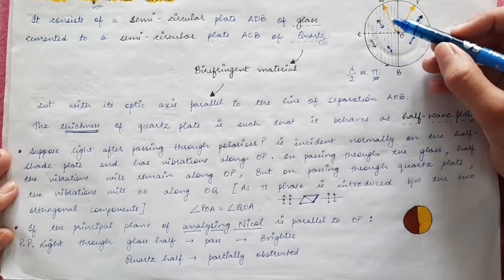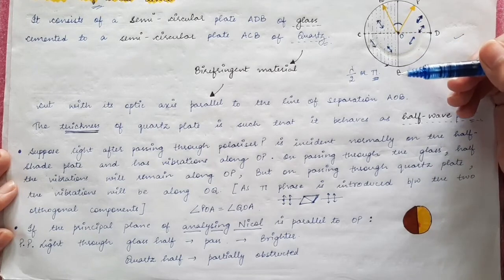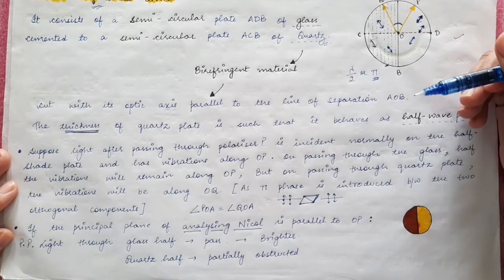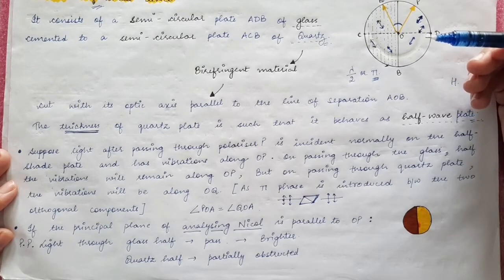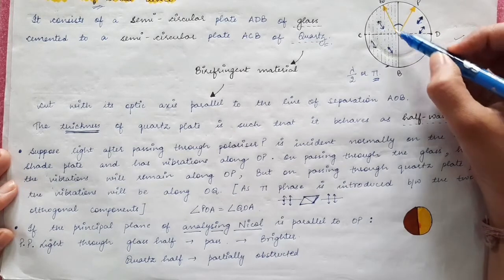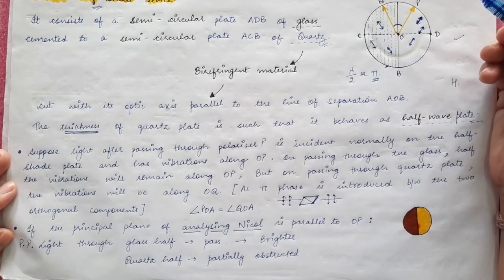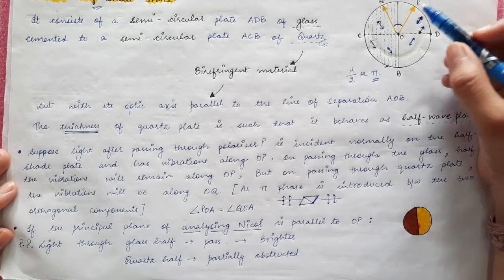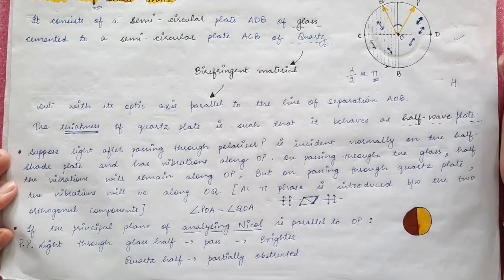The light coming out of the quartz crystal and passing through the analyzer will have its intensity reduced by a certain amount, and its intensity will be given by Malus law, because the vibration is making a certain angle with the polarizing axis, or you can say the principal section of the analyzer. So by Malus law you can find the intensity of the light ray.